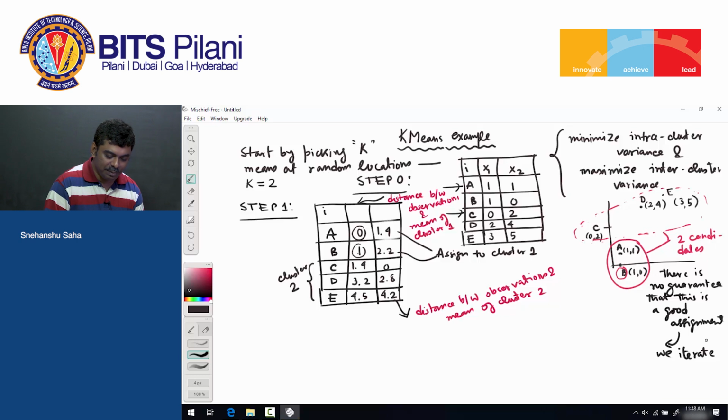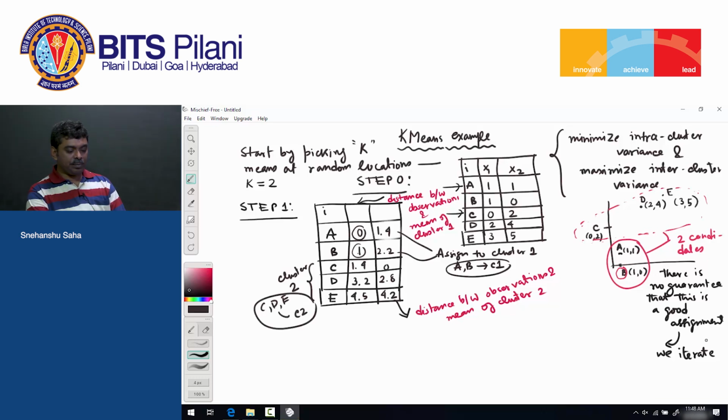What this means is that A and B are in cluster 1 and C, D and E are in cluster 2. So we have the new clusters. When we began, each cluster had just 1 point; now one cluster has 2 points and the other has 3 points. So obviously the mean will change.